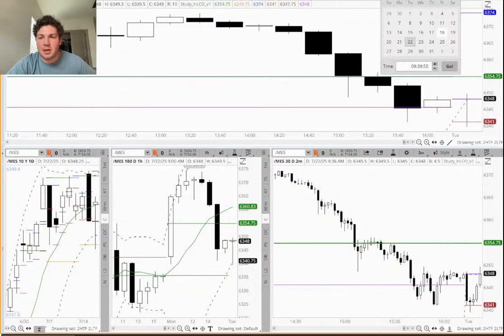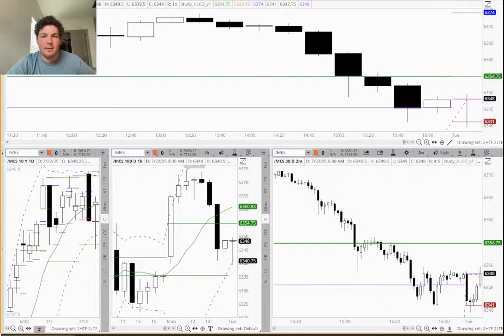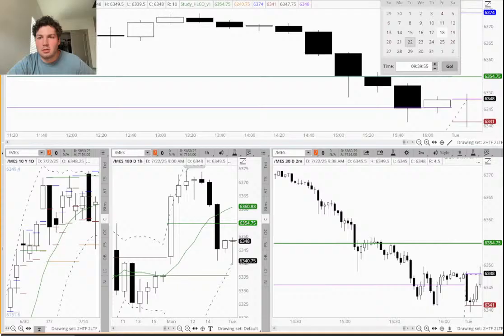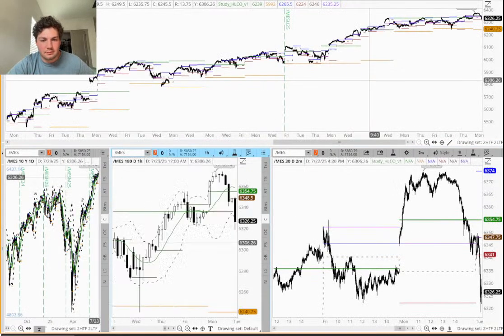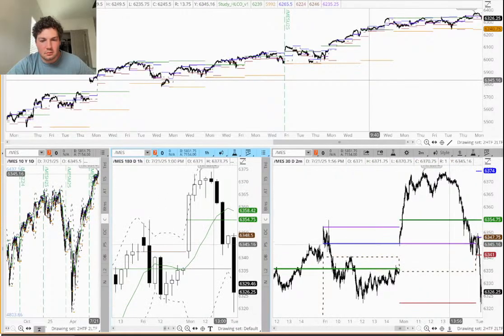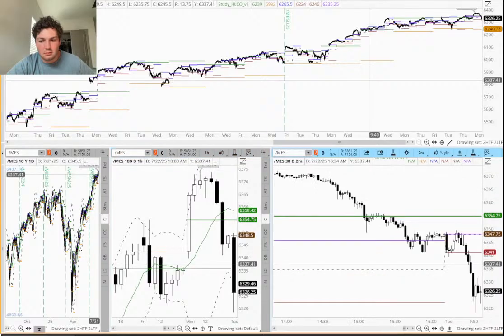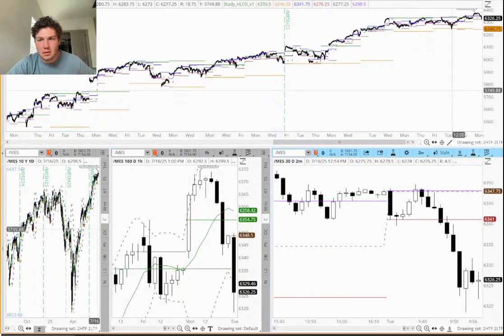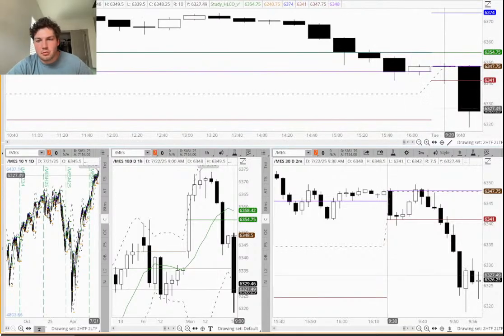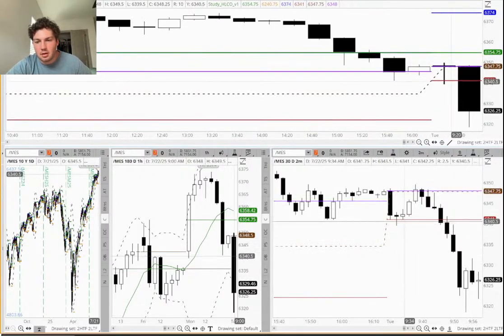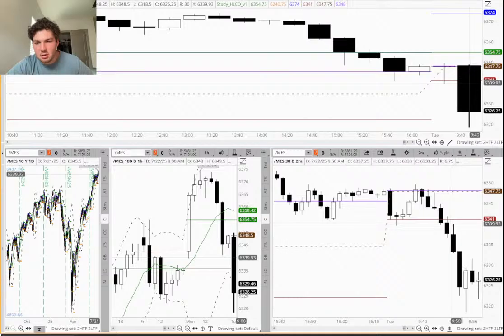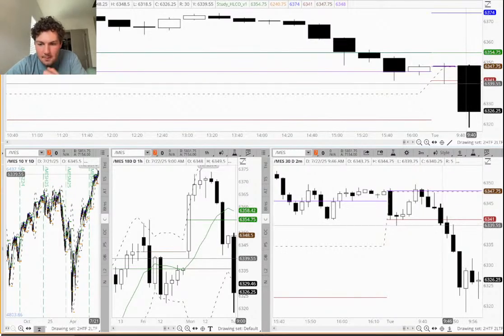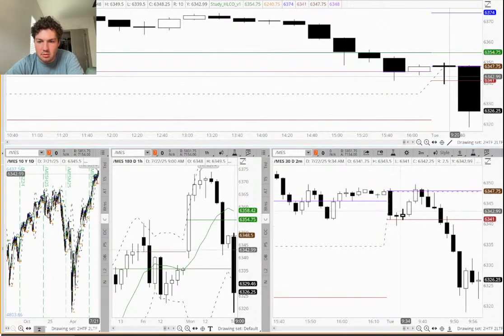So let's just skip ahead 20 minutes, to 9:59. This is the best way to backtest because I cannot see what's happening to the right. And it went way down. Cool. So what happened? We broke to the low side right here, and the stop loss will be right here.